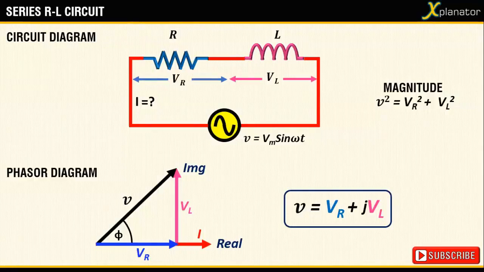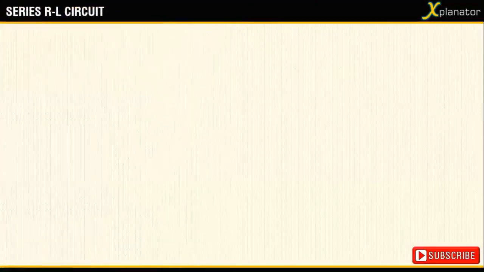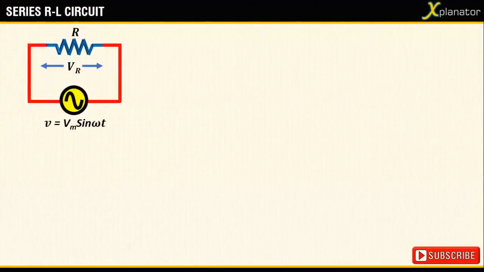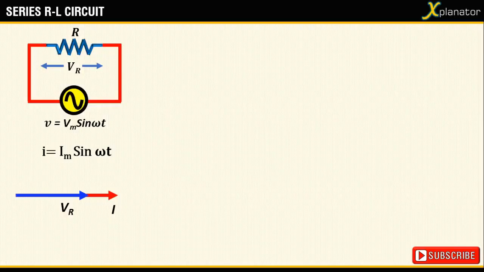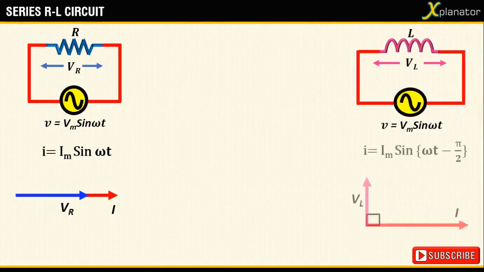Let's take a quick recap of how phasor and the equation for current in a pure resistive and a pure inductive circuit are written. You can see that in a pure resistor, voltage and current are in phase, while in a pure inductor, they are 90 degrees apart.